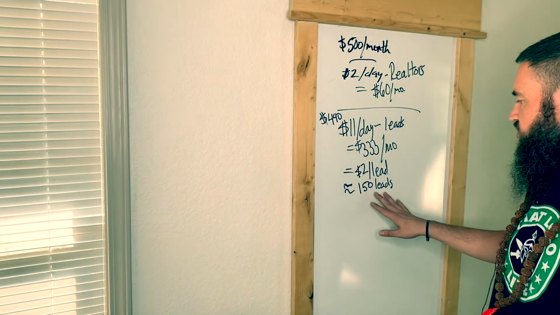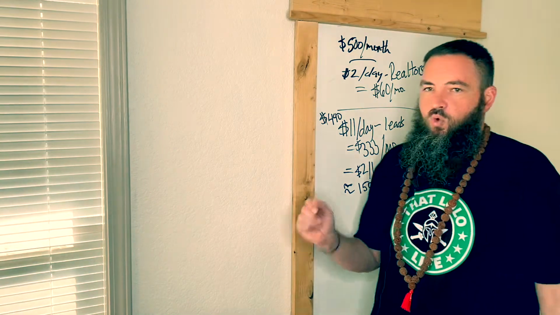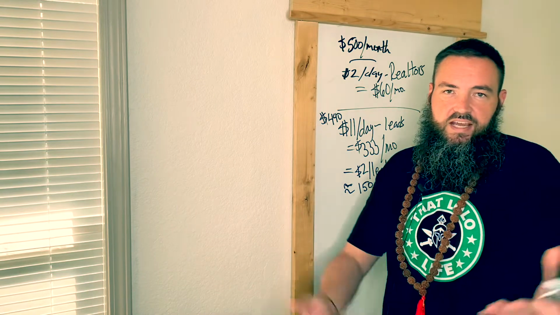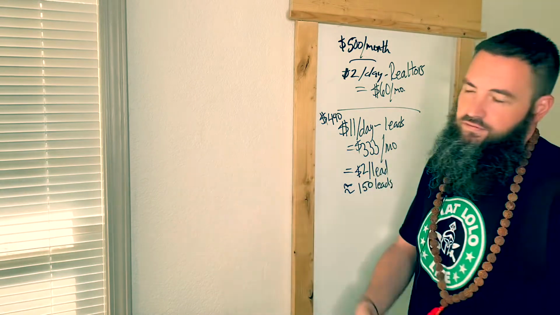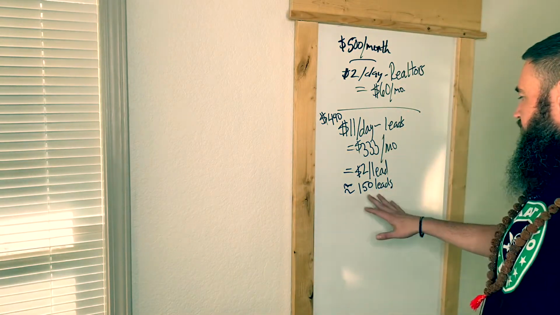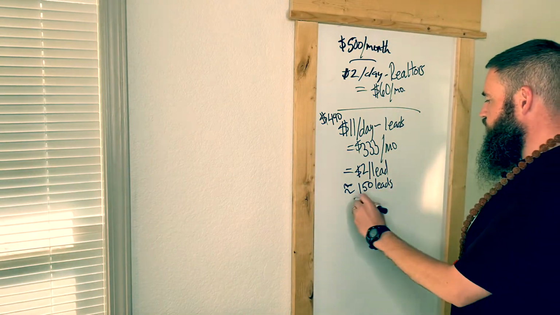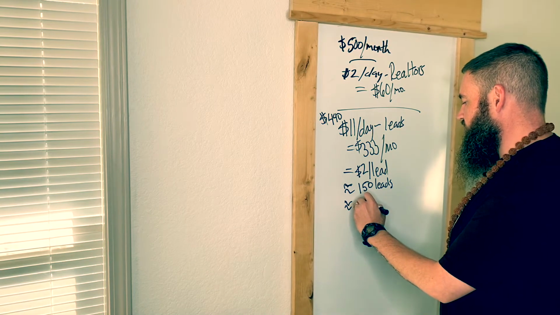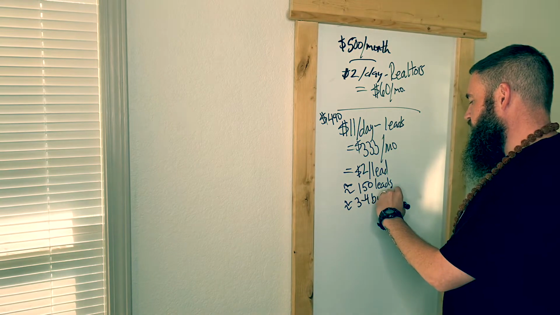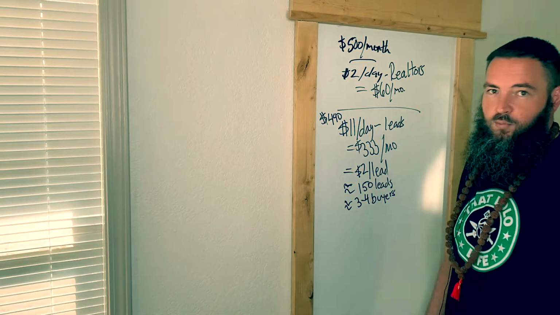So if we assume that we're going to close these leads at the standard internet lead conversion of 2 to 3%, then from these 150 leads, we should be able to convert about 3 to 4 buyers that are right now ready, willing, and able home buyers, right?